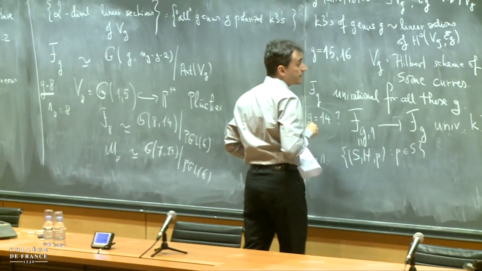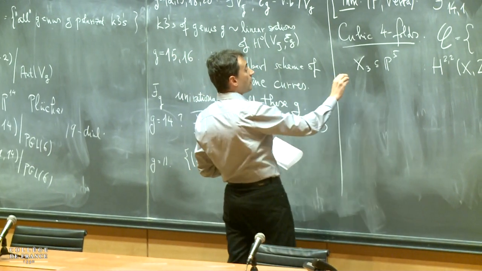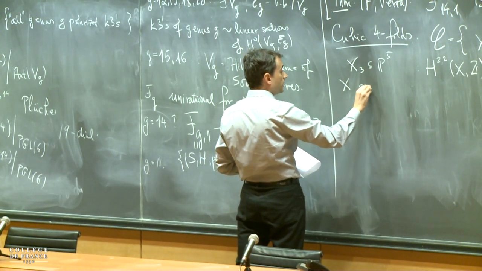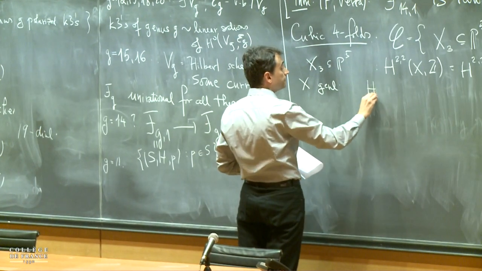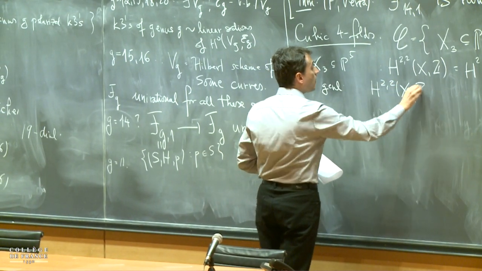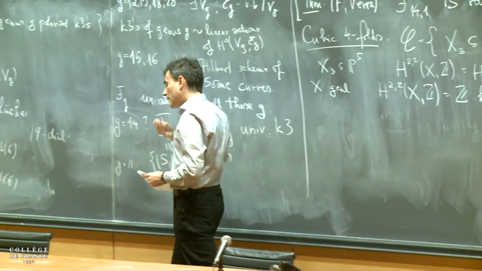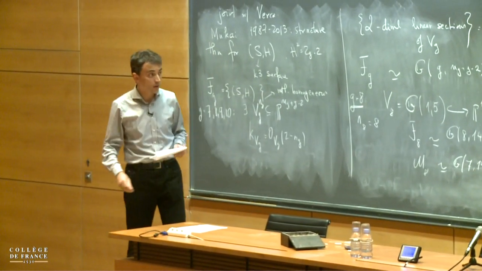And you also know that if you have a general cubic fourfold in this moduli space, then this is of rank 1. There are no other codimension 2 classes, so every surface is homologous to a complete intersection. These are all known.